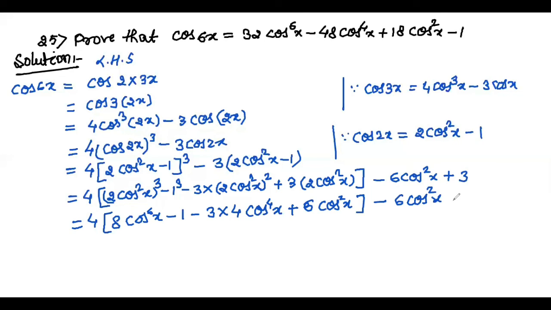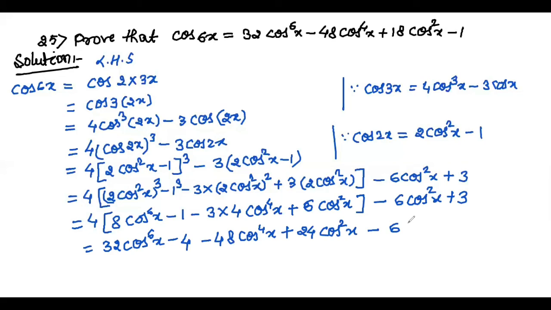And it is 32 cos to the power 6 x minus 4 minus 48 cos to the power 4 x plus 24 cos square x minus 6 cos square x plus 3. Now we'll calculate it.